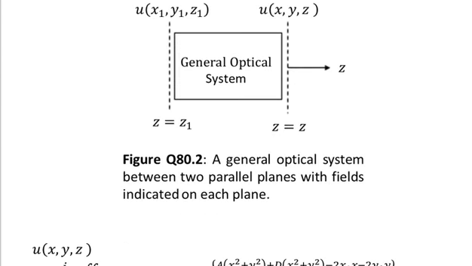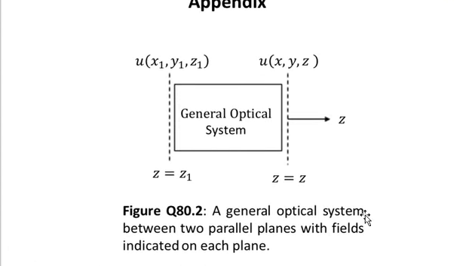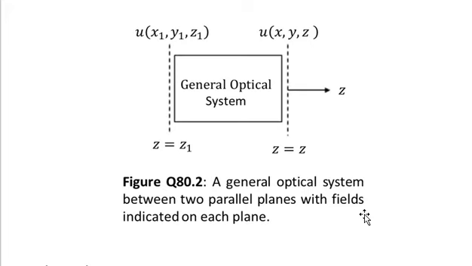So this is the figure, which is 80.2, and you see that in this figure you have two parallel planes. One is located at z is equal to z1, the other is located at a general distance z is equal to z. Both planes are parallel to each other and perpendicular to the z axis.